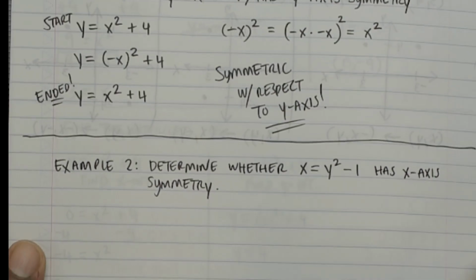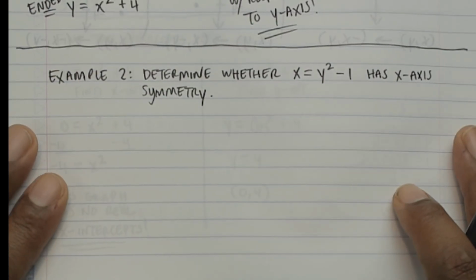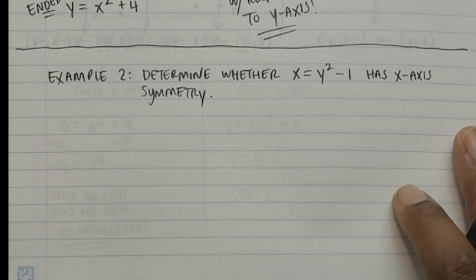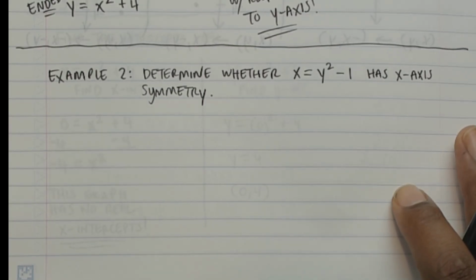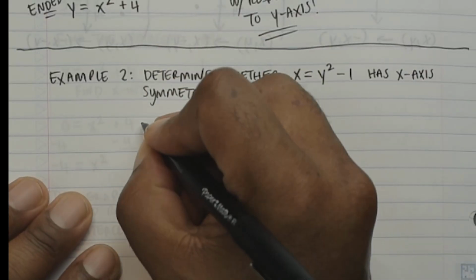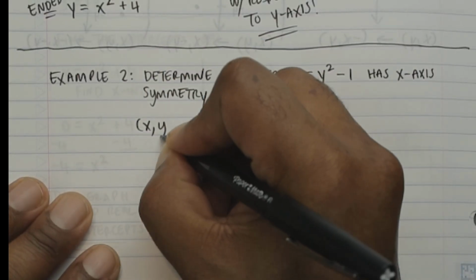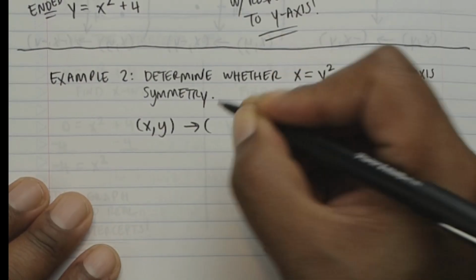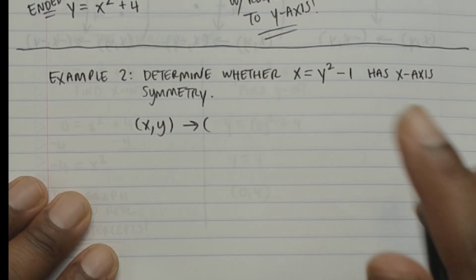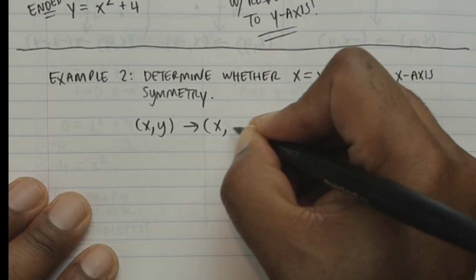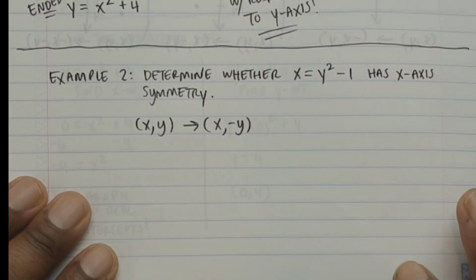For x-axis symmetry, as stated earlier, we need to replace y with negative y. So again, a helpful way to do this is to write this down.